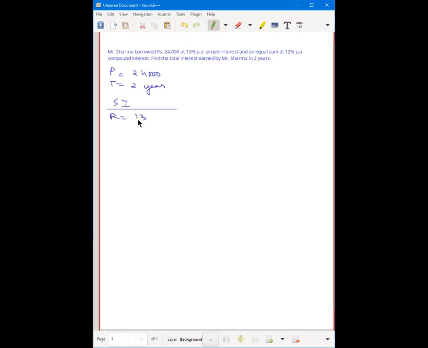So what will be the interest for the 2 years? What formula will we use? PRT upon 100. Right, so let's substitute. That's 24,000 into 13 into 2 by 100. How much does that work out to be? 6240. 240 into 13 into 2 is 6240. So this is the simple interest on this amount.